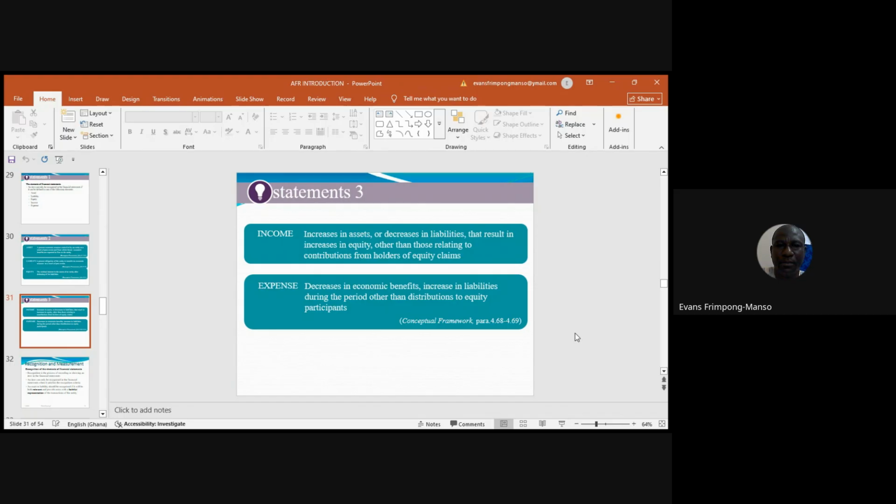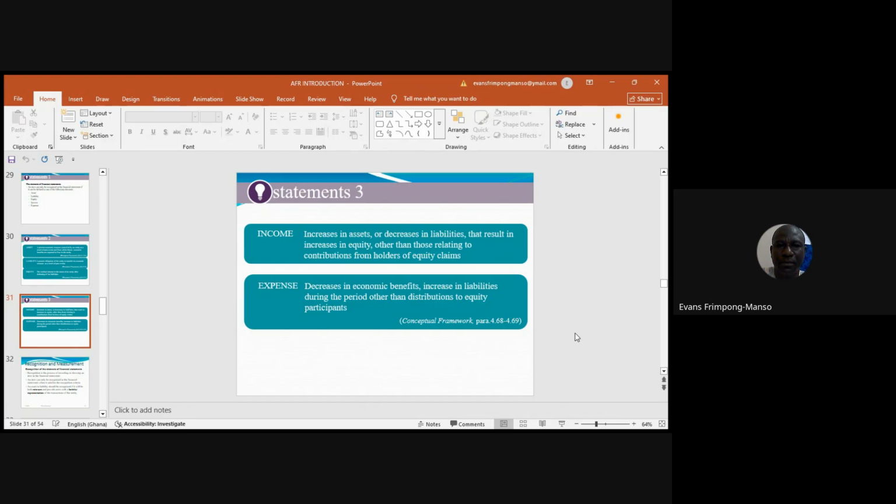So income is increases in assets or decreases in liabilities, other than those relating to contributions from holders of equity claims.